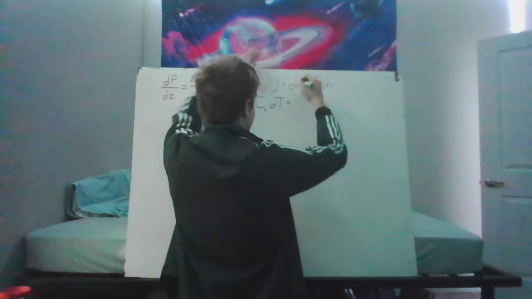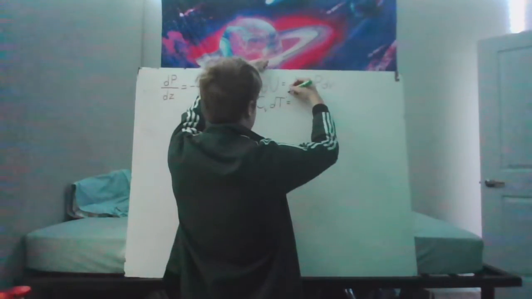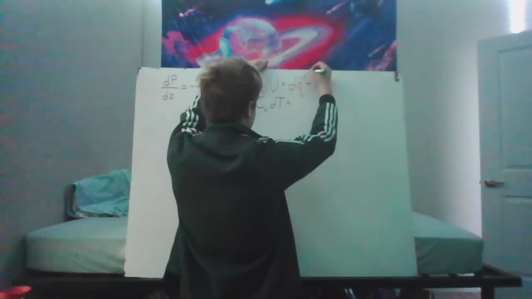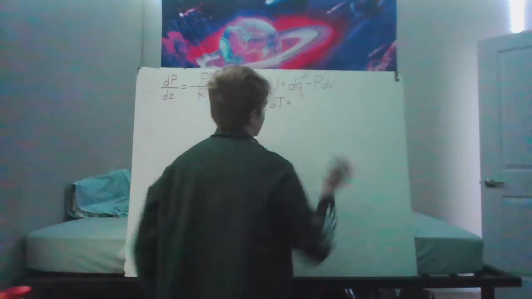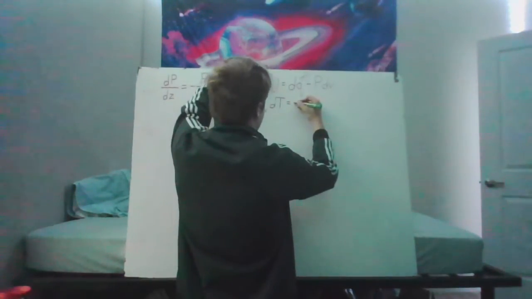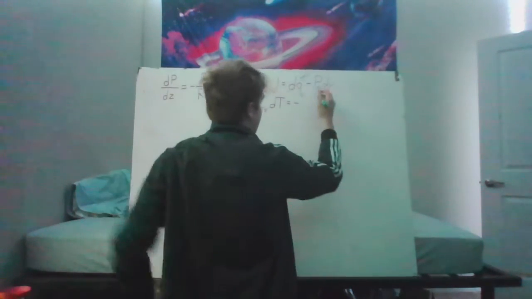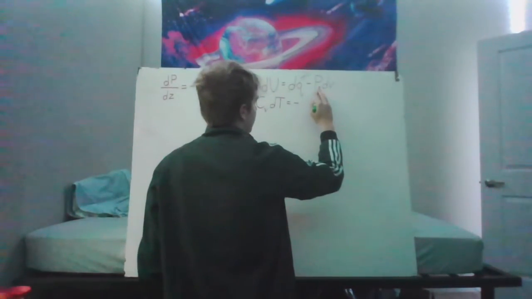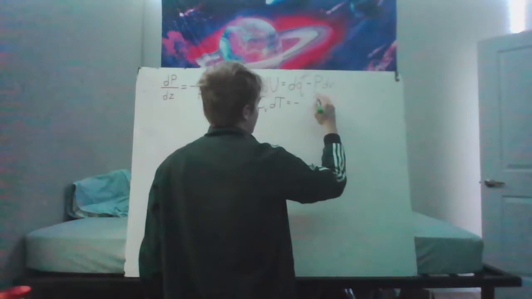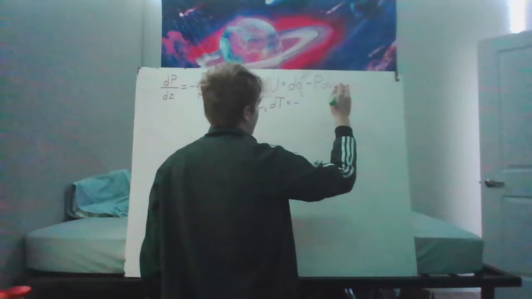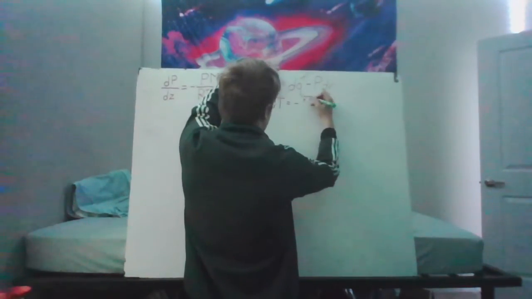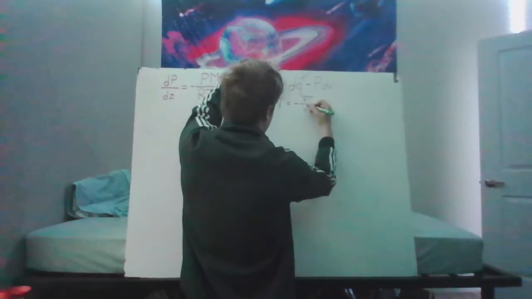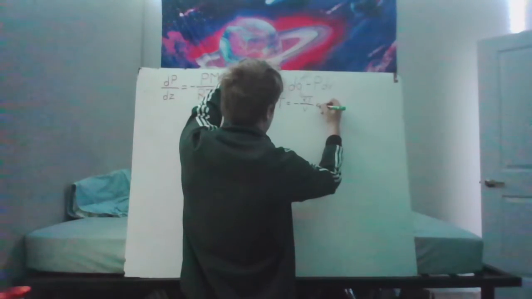And then our dq is just 0 because it is an adiabatic situation. So then we can substitute in for this P as well, which will just be PV equals RT, so it'll just be RT over V dV.